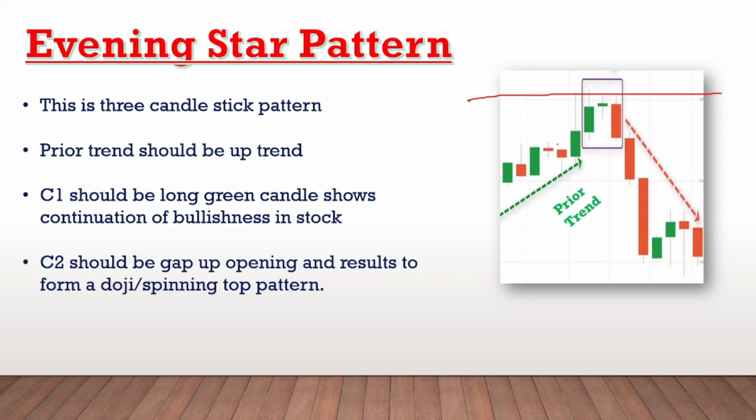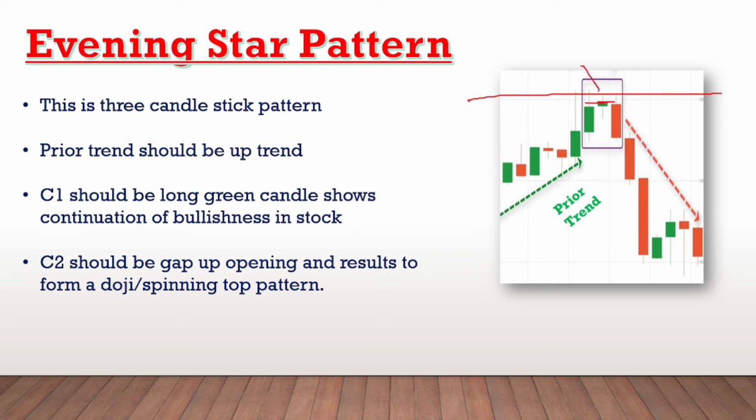And candle C2 is a doji or a spinning top pattern, which shows that there is indecision in the market. At candle C2 the market is expected to form another strong bullish candle, but instead it resulted in the formation of a doji, which gives a signal that the strength of buyers has weakened at this price point, right?